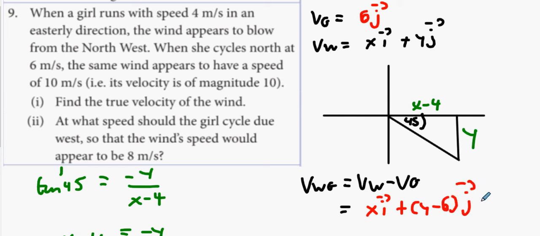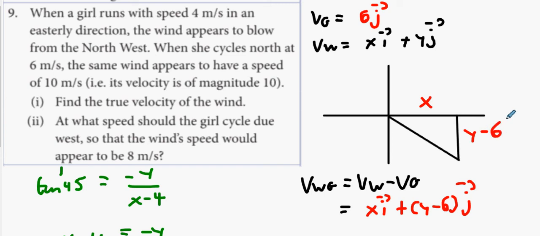That's my velocity of the wind compared to the girl. I don't know what direction it's going in, so that doesn't bother me at all. I'm just going to do what I always do, x and y minus 6.